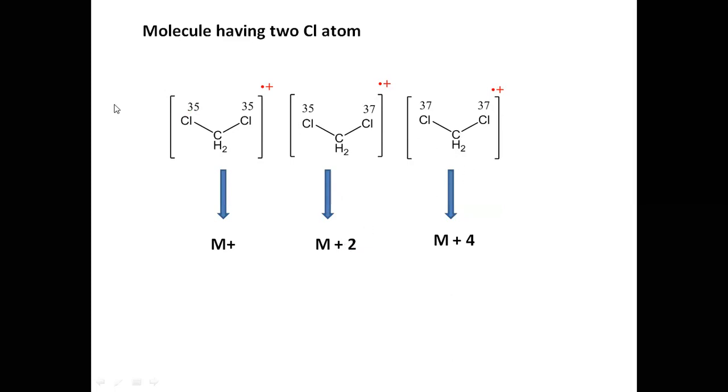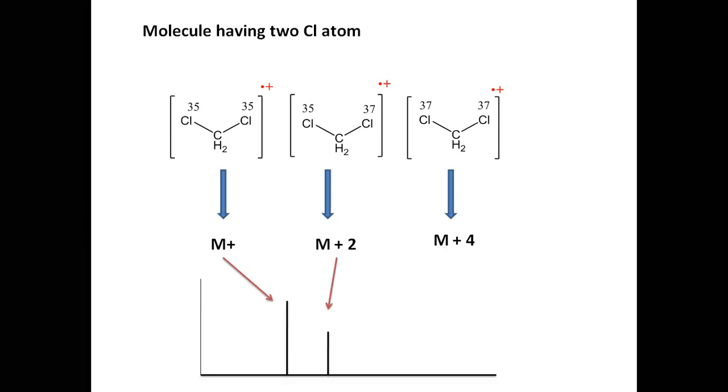And in this case, Cl37 means M plus 4. So like this, when you go for the mass spectrum, three isotopic peaks are expected.